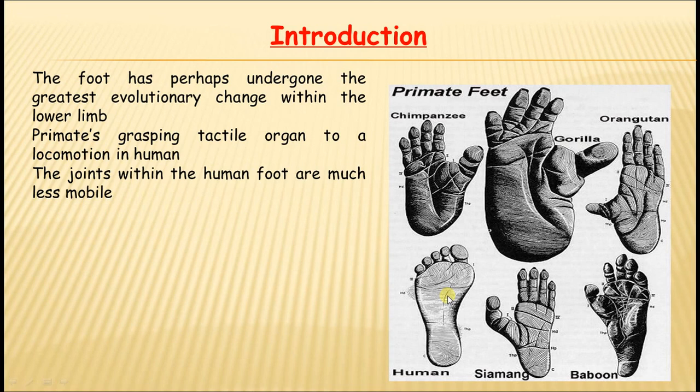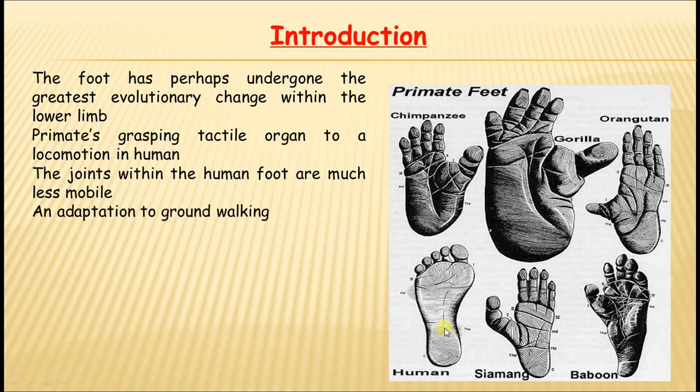Apart from that, during walking, our foot has to adapt to uneven surfaces. For this, the foot is designed and constructed in such a manner. If you compare our foot with the palm of the upper limb, it is less mobile, and the bones of the foot are not that freely movable.